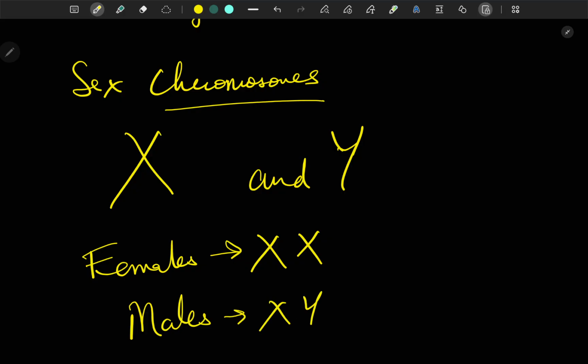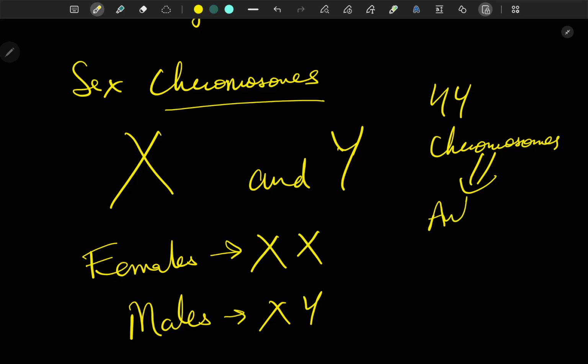These X and Y are called sex chromosomes because they determine the sex. The other 44 chromosomes are known as autosomes.